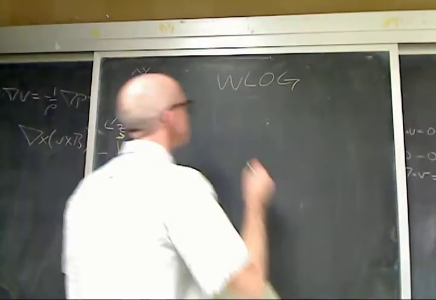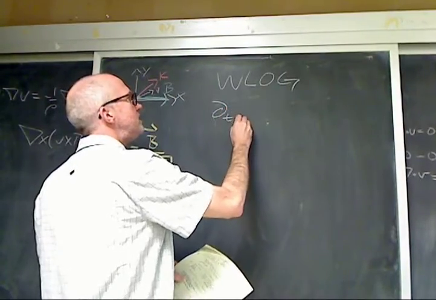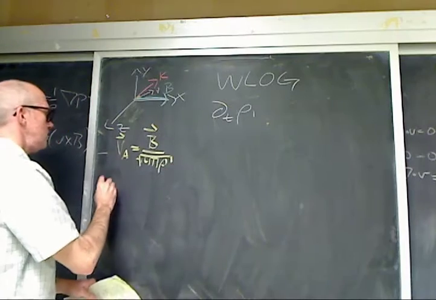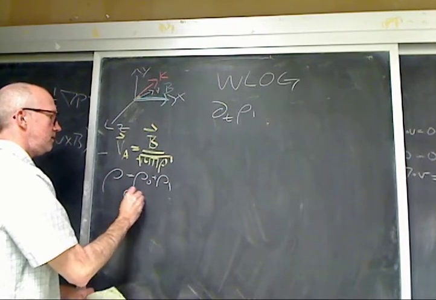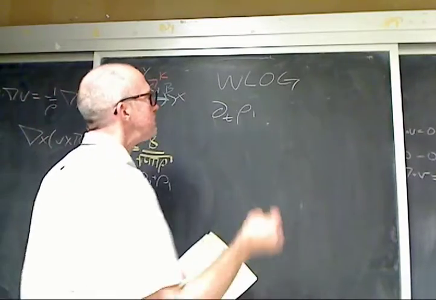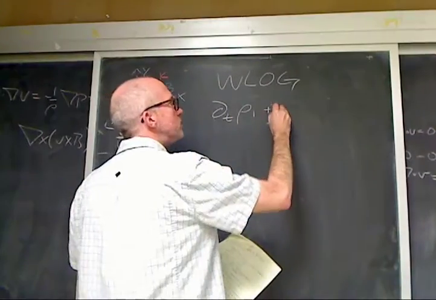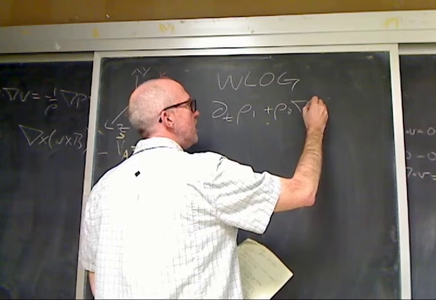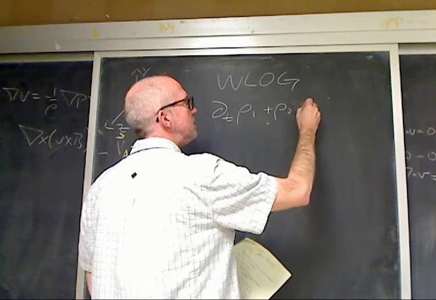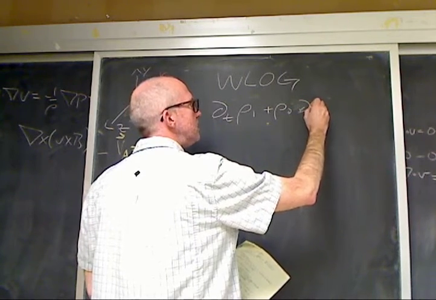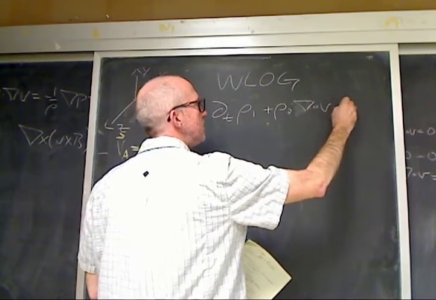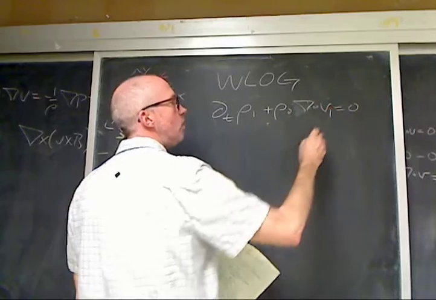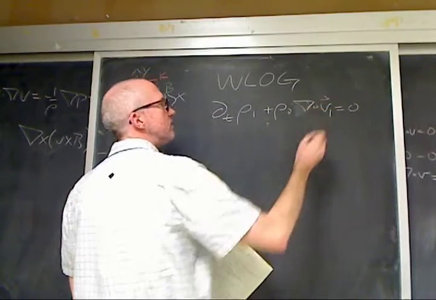And when we linearize them, we're left with d by dt of rho 1. So, rho equals rho naught plus rho 1, etc. d by dt of rho 1 plus rho naught div v1 equals 0. Let's write that as a vector.